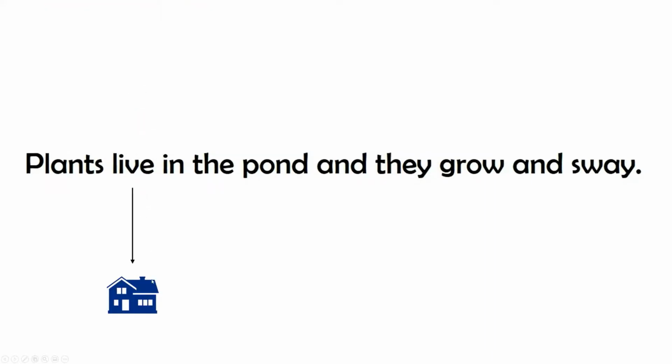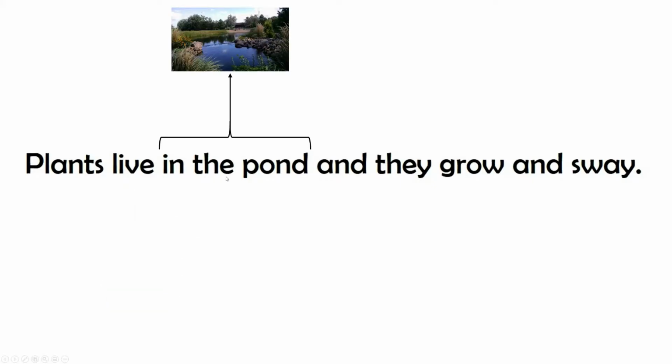Live. Live means where your home is, where you might stay, where you are currently staying. So for a plant, that means where does a plant live? Where does a plant stay? Where does a plant grow? In the pond.